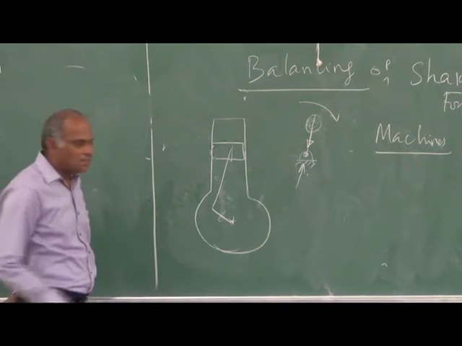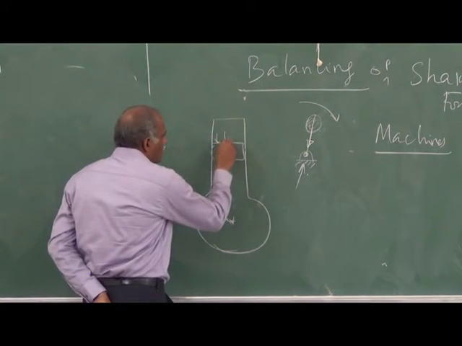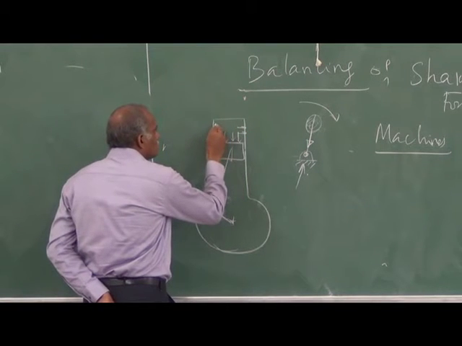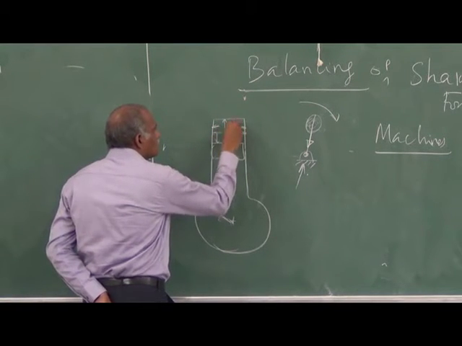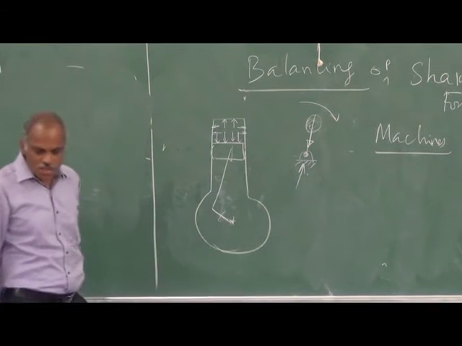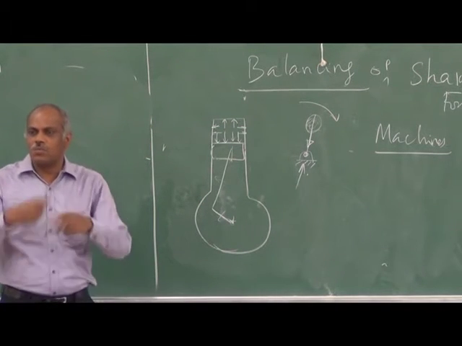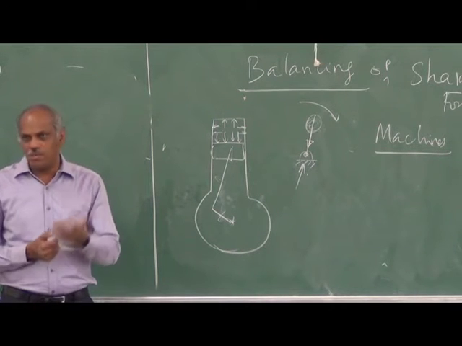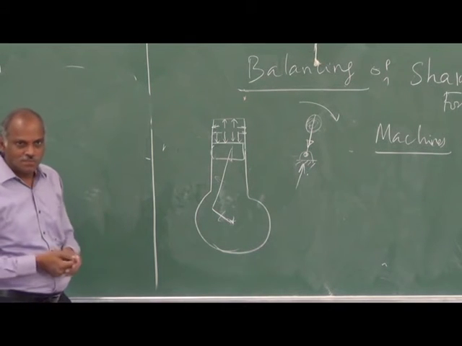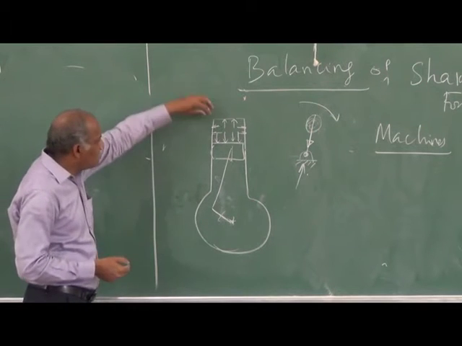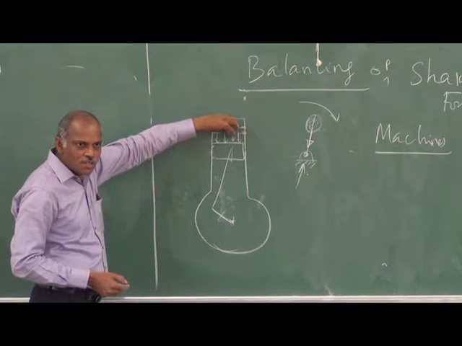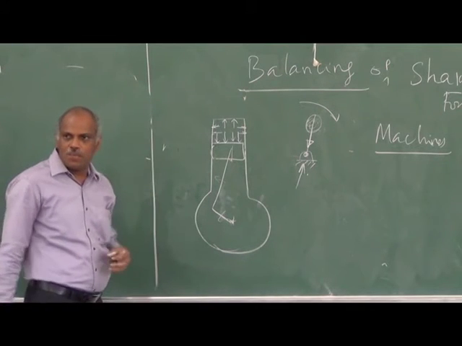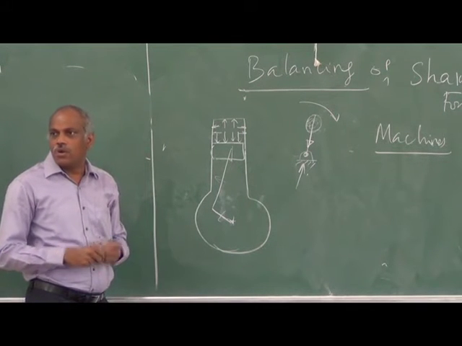Apart from that, you have the gas pressure force. Because the engine is not an ornamental item meant to rotate for mechanics of machines purposes, it is supposed to produce useful work. It is a thermodynamic machine where the gas explodes and produces a productive force.